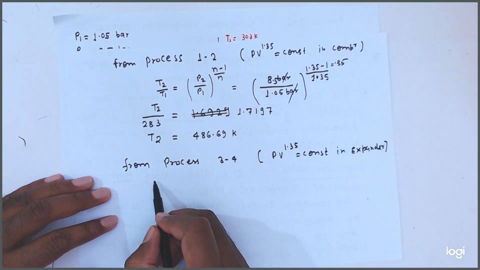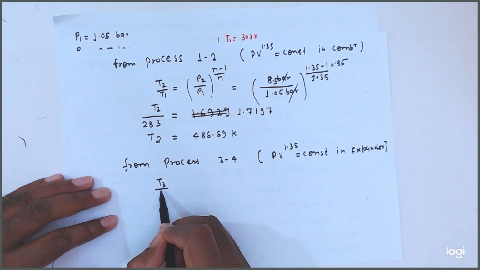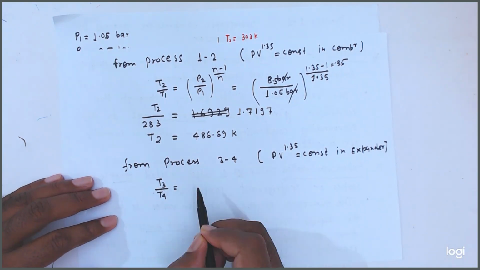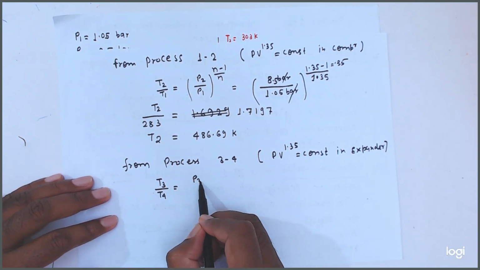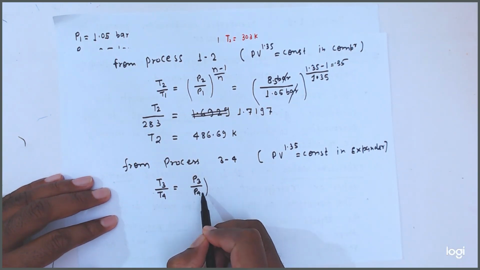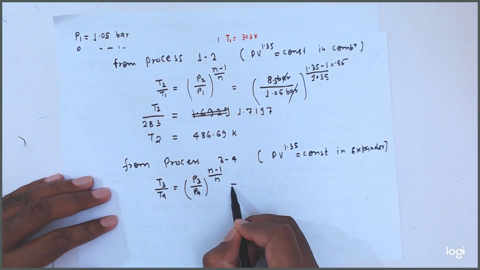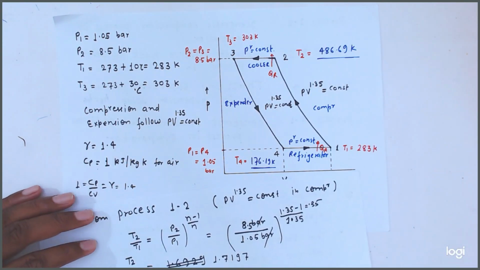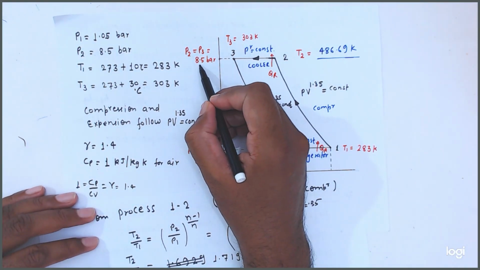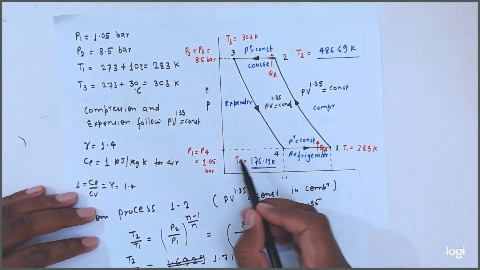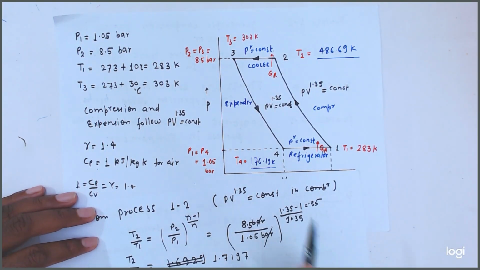Okay, so T3 by T4 is equal to (P3 by P4) to the power (n minus 1) upon n. We know that P3 is equal to 8.5 bar and P4 is equal to 1.05 bar.